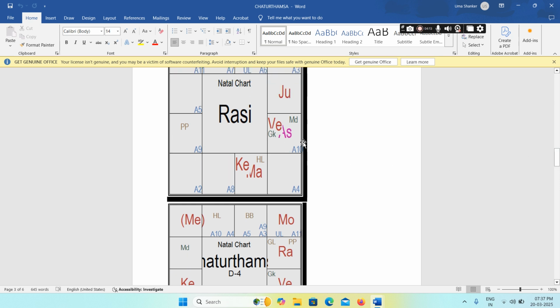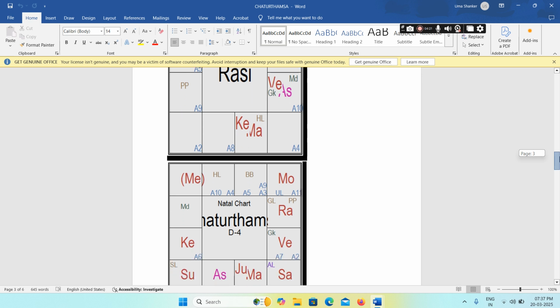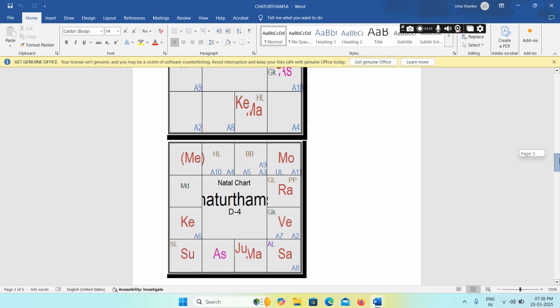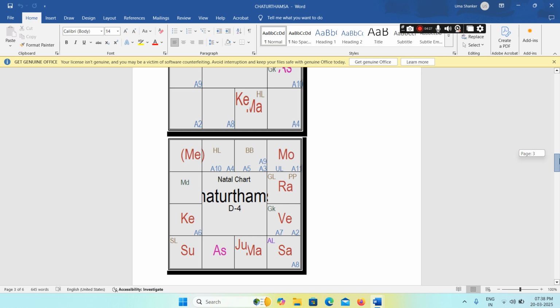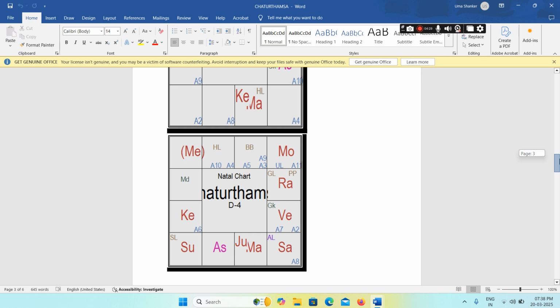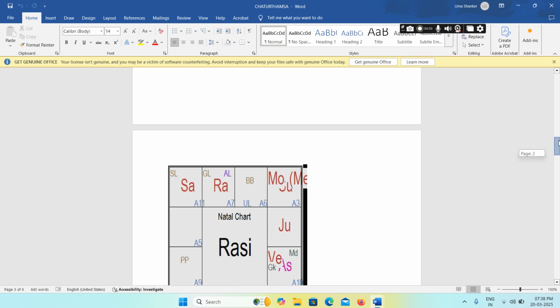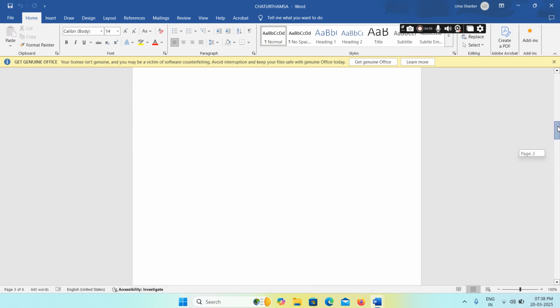So the Lagna of the Rashi Chakra is in the 13th degree. 0 to 7.5 is one part of the Chaturthamsa, and 7.5 to 15 is the second part. The 13th degree is falling in the second part.